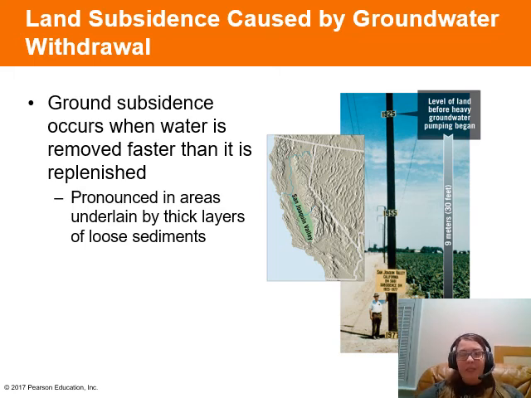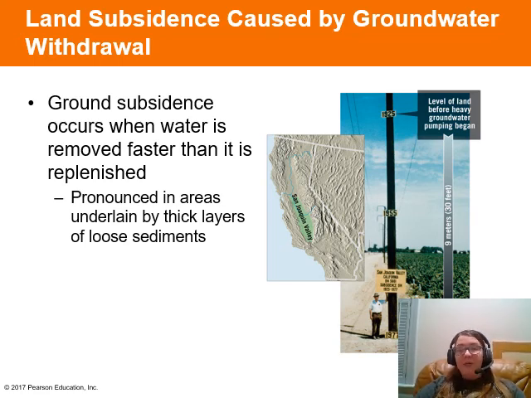So if we look at this image here, we see this pole with numbers on it. These numbers are years on where the land surface was in that year. So if we look from 1925 down to the 1970s, we're talking about 50 years. Here, the ground subsided or sank down 30 feet.